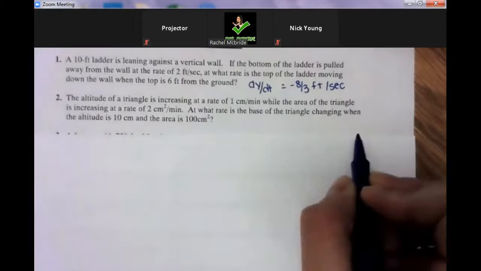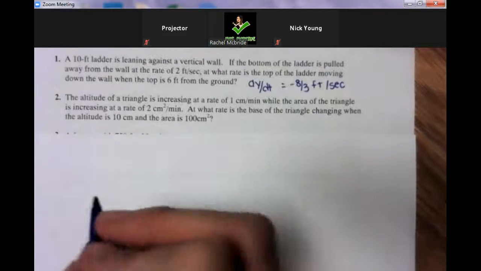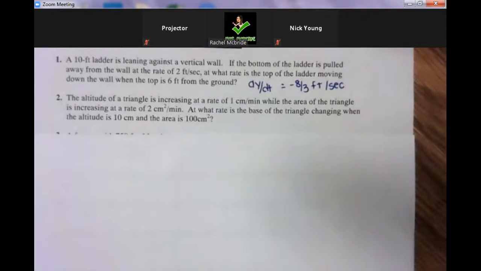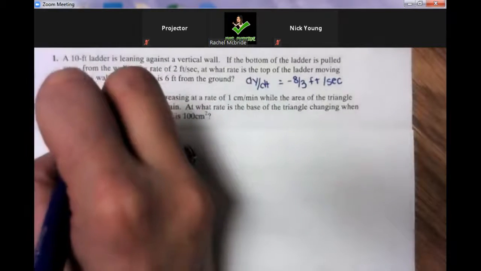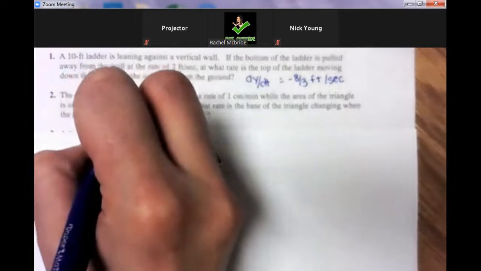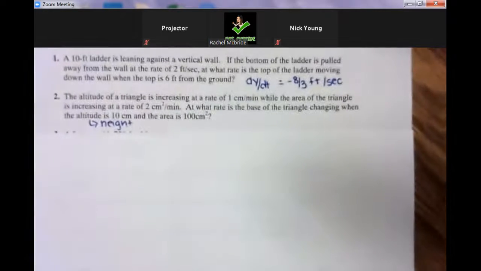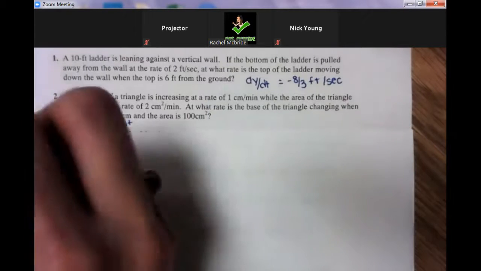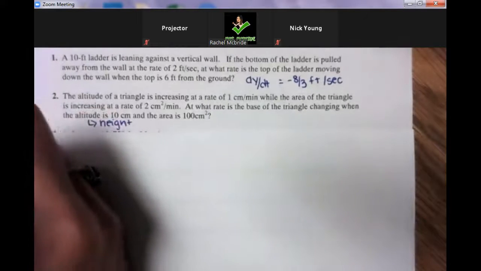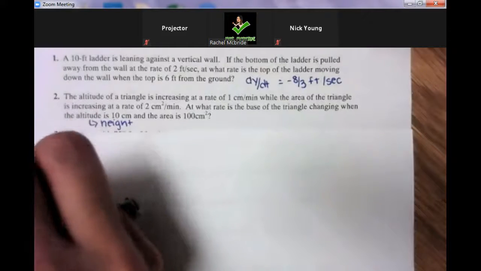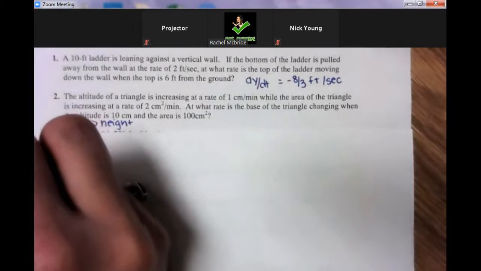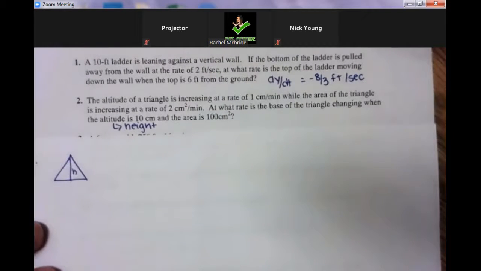At what rate is the base of the triangle changing when the altitude is 10 centimeters and area is 100? Guys, altitude is a fancy word for height. Think about when you talk about an airplane, they say the altitude of the airplane, that's the height of the airplane. So that's kind of like your H of your triangle.